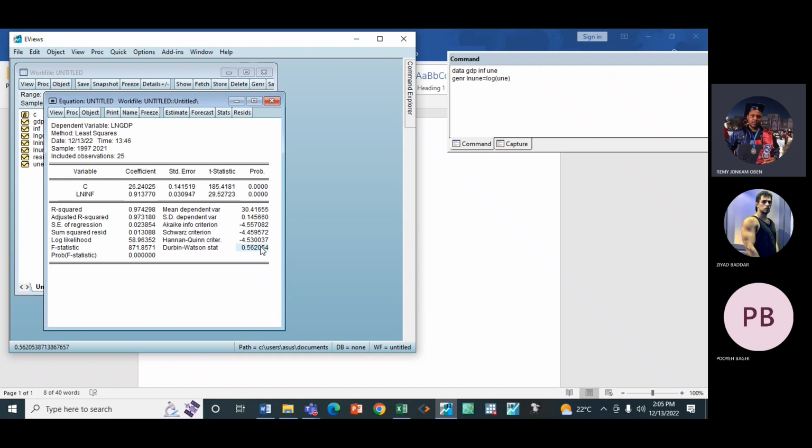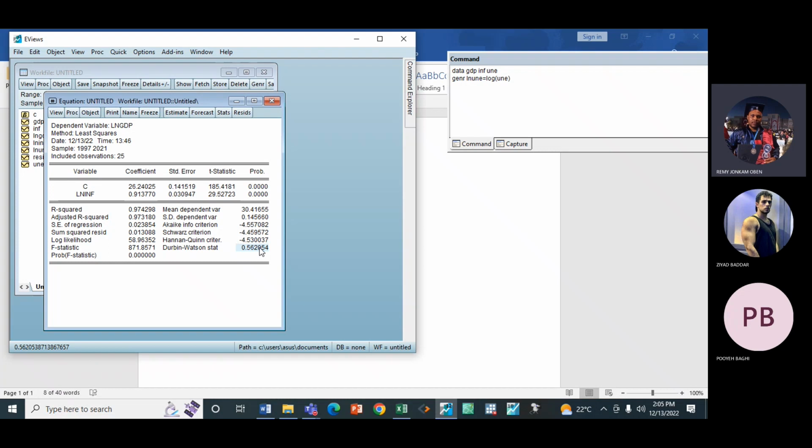Now, if this value is 2 or around 2, it means there is no autocorrelation in the model, right? But if this value is different from 2, let's say it is between 2 and 3, or between 0 and 2, then it means there is autocorrelation. If it is between 0 and 2, that is less than 2, it means we have positive autocorrelation.